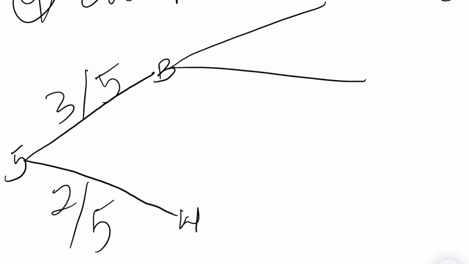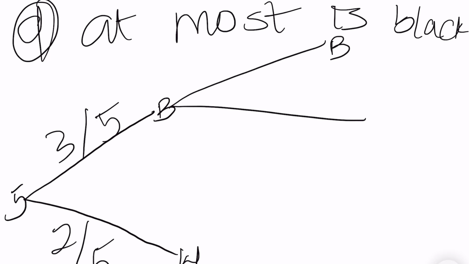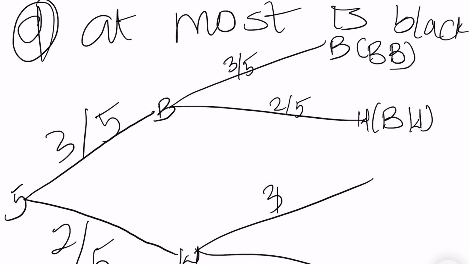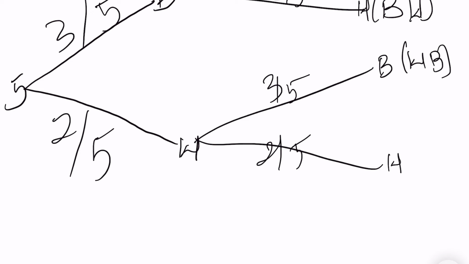Here it can either be black, black, or black and white, with 2/5. For white again, we can have 3/5, 2/5, where we have white, black, and white, white.